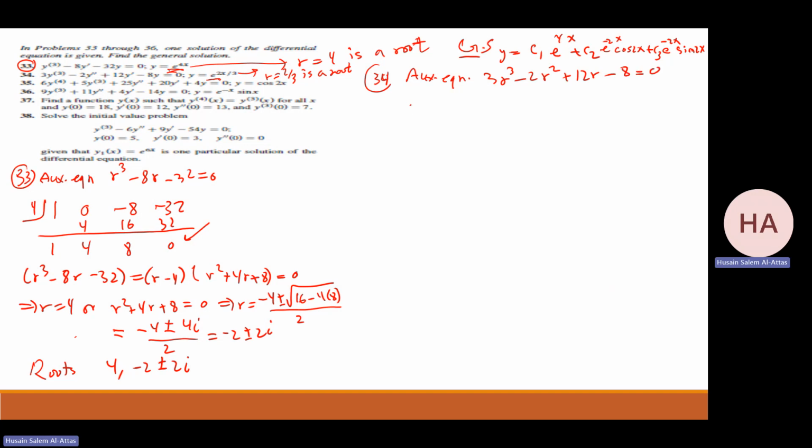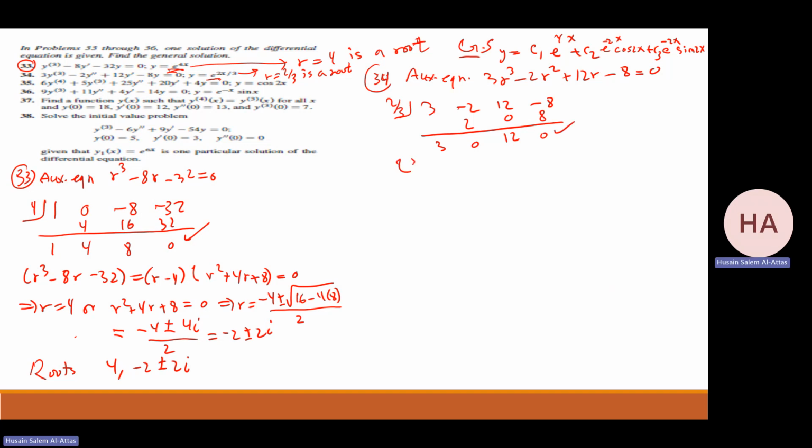So I will do this. I know 2 over 3 is a root. 3, minus 2, 12, minus 8. But I have 3, that will be 2, that will be 0. That is 0, 12, 12, which is 24 over 3, which is 8. Which will make it 0. That's what I'm looking for.